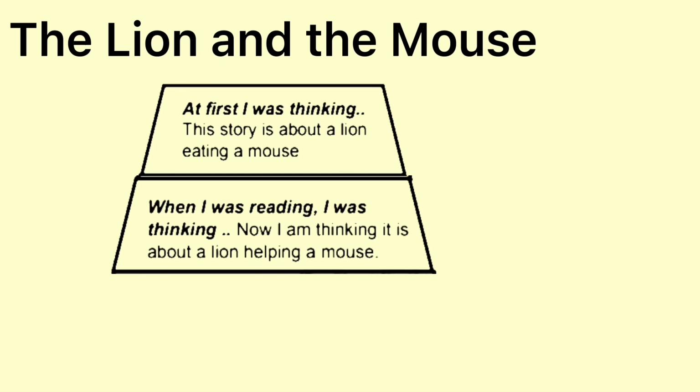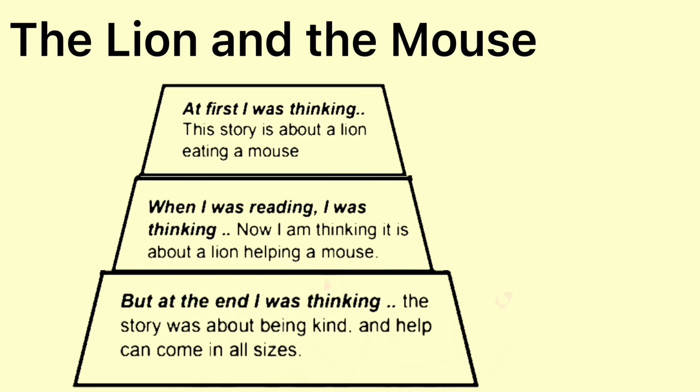But at the end, when you have finished reading, the story was about being kind, and help can come in all sizes. With all these ideas and information together, you are now forming a synthesis.